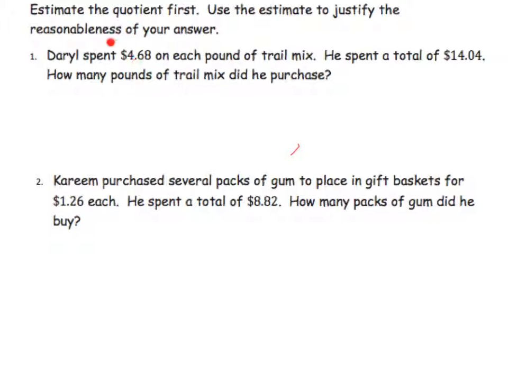Well, this is about 5, this is about 15, so I would say, and because we're rounding up here and we're rounding up here, if I use 5 and 15, I come up with 3, so I know it has to be less than 3 because I rounded up in both cases. So let's see what we come up with.